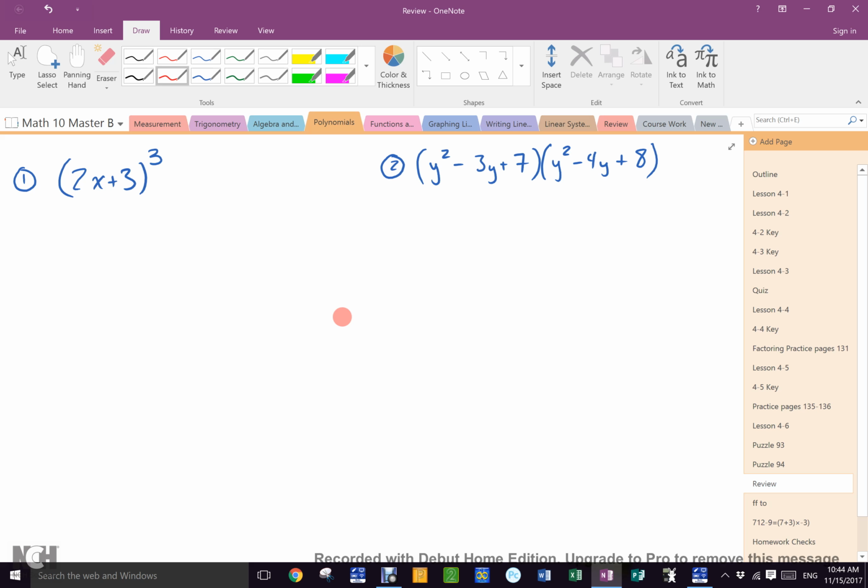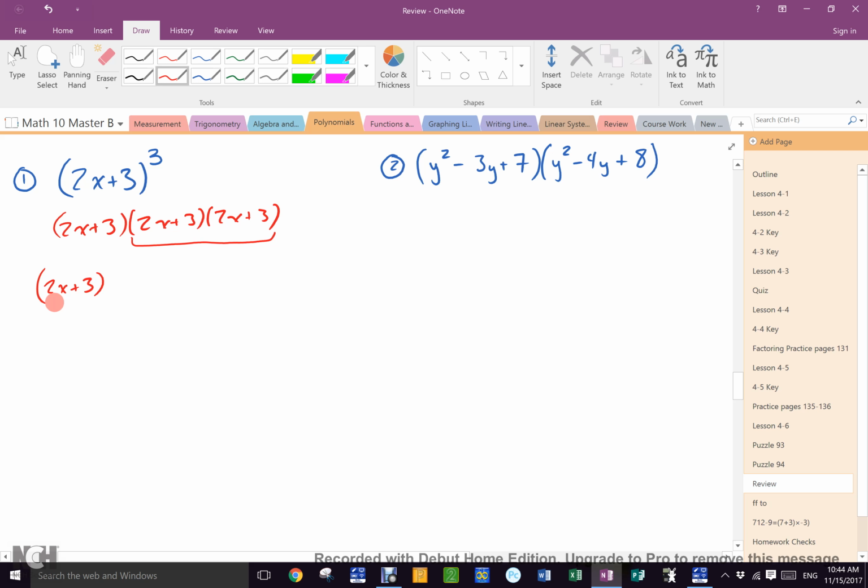So, what are you going to do with this first one? You're going to write it out. How many times? Thrice, because it's been cubed. Now, I like to pick two of them. I always pick these two and leave the first binomial alone. That's just how I like to work on it.